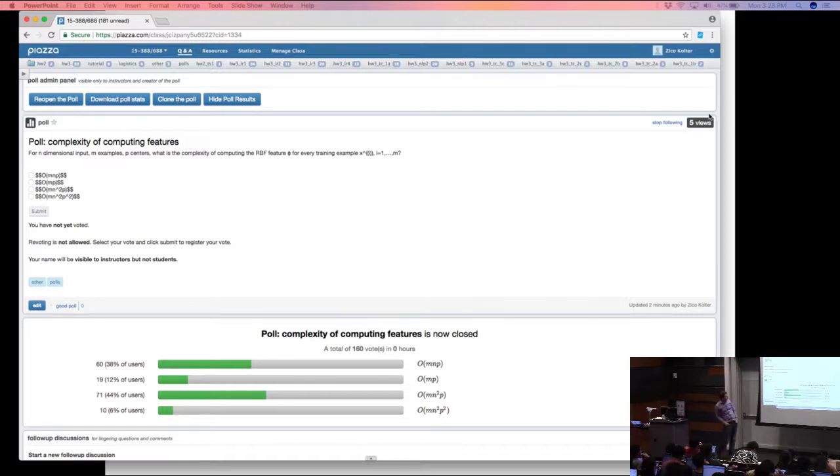Who wants to argue for the n squared thing? Who voted for n squared and wants to give an intuitive explanation of why there's a quadratic complexity in the underlying dimension? Someone did. 71 people said that, so someone has to want to.